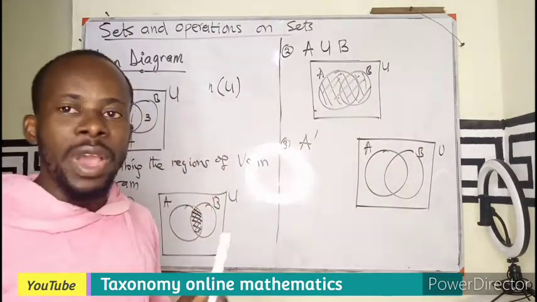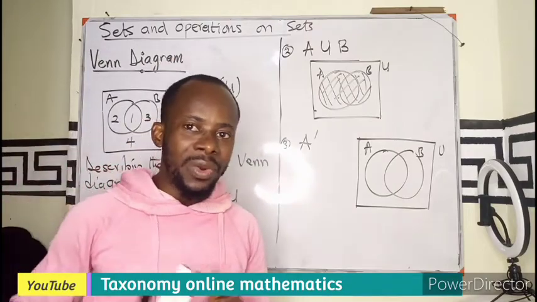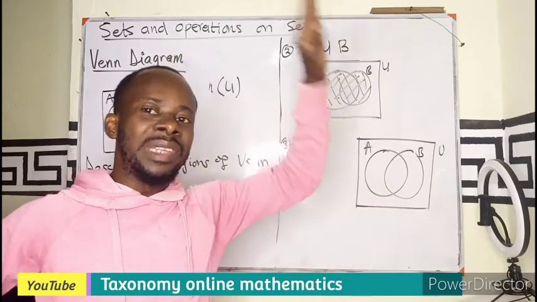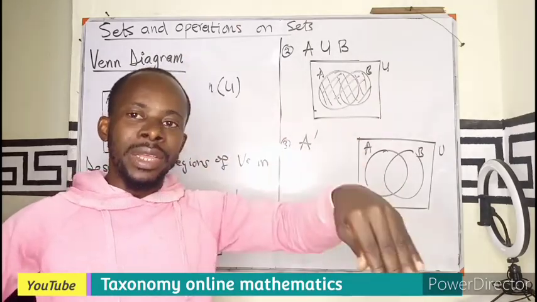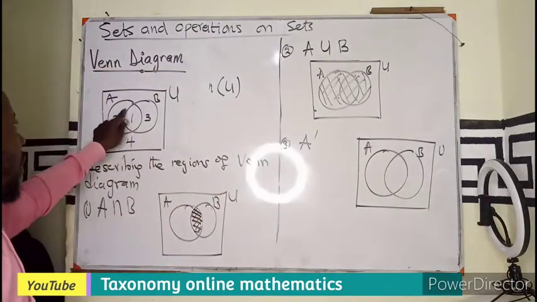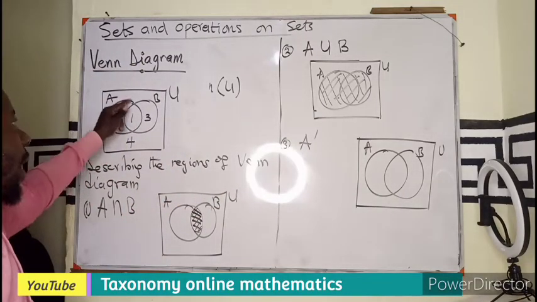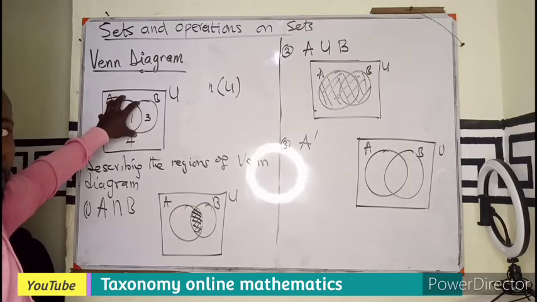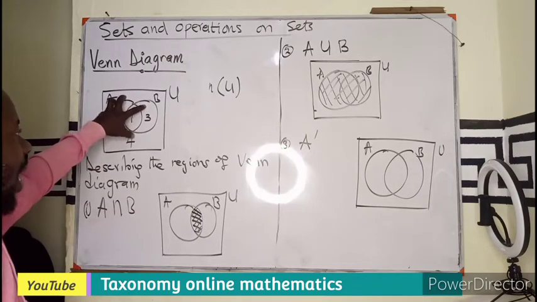We are looking for A complement, meaning the region outside A, elements in the universal set that are not in the region of A. We know that regions 2 and 1 belong to A. This is the element that belongs to A. Outside A will be which region? I believe it will be region 3 and region what?